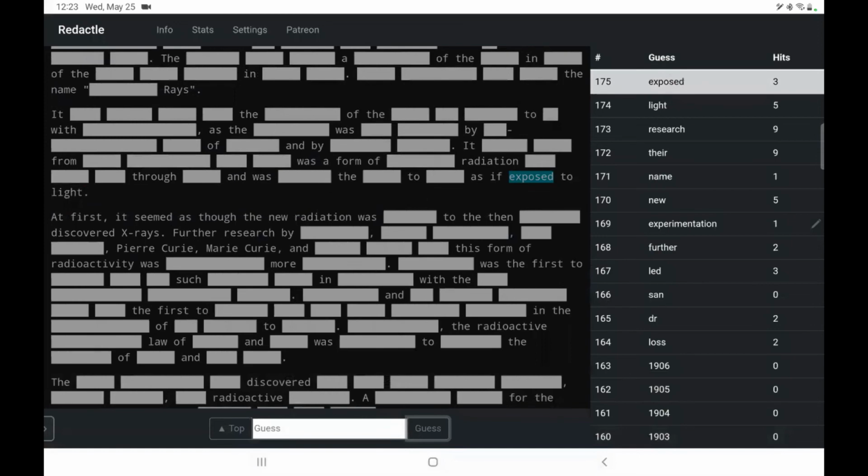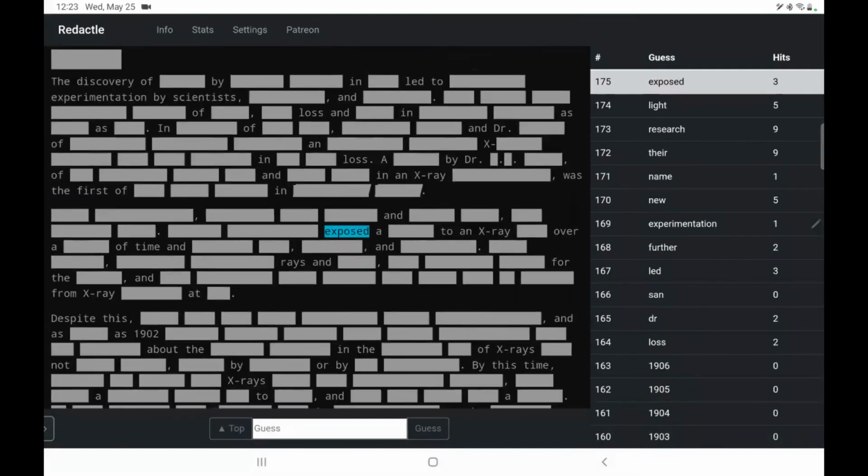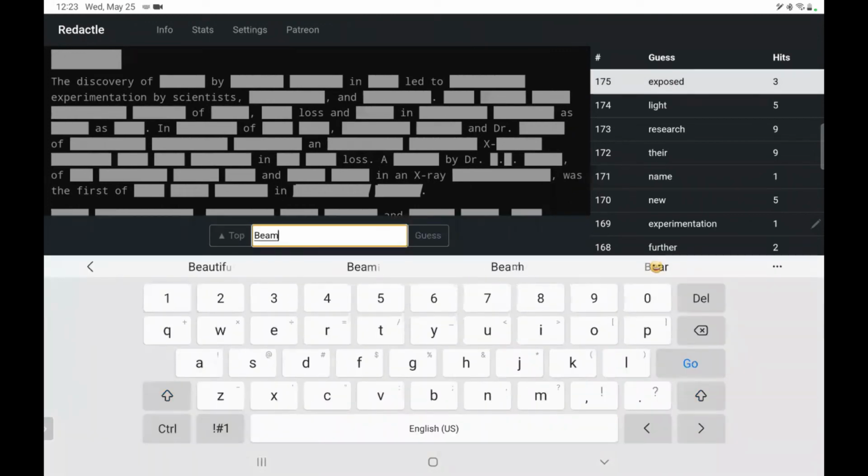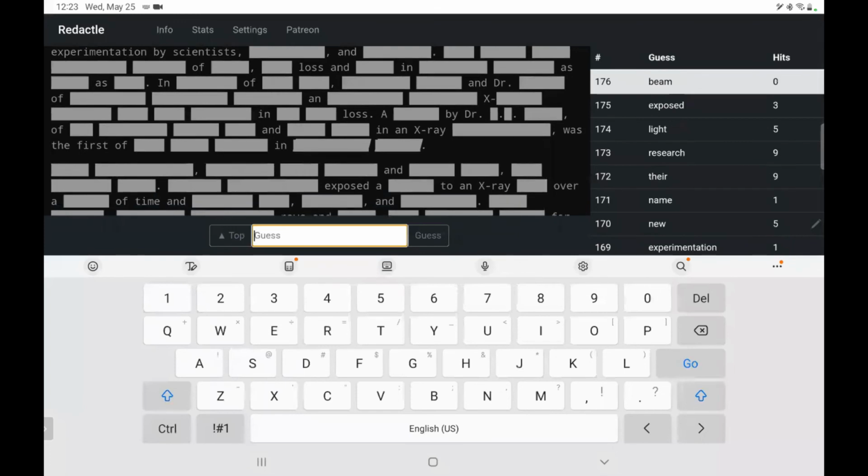Yeah. They exposed a something to an X-ray, to an X-ray beam? No, to an X-ray something over a length of time, over a period of time. Yeah.